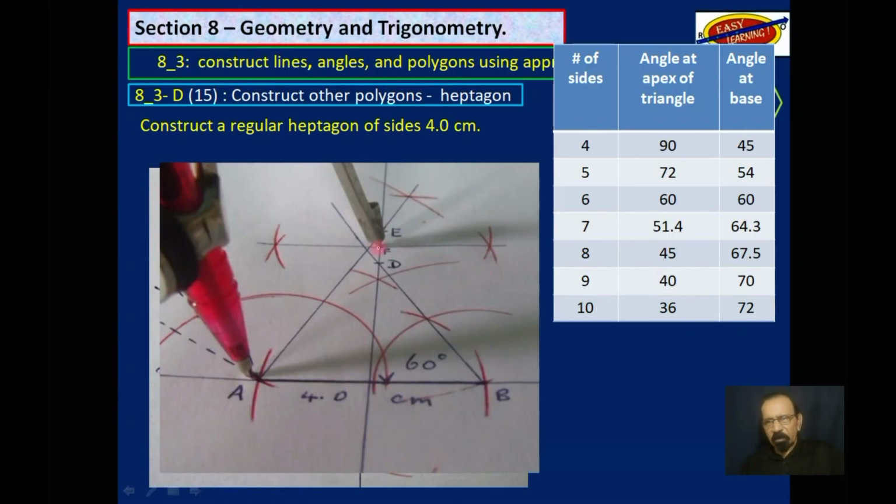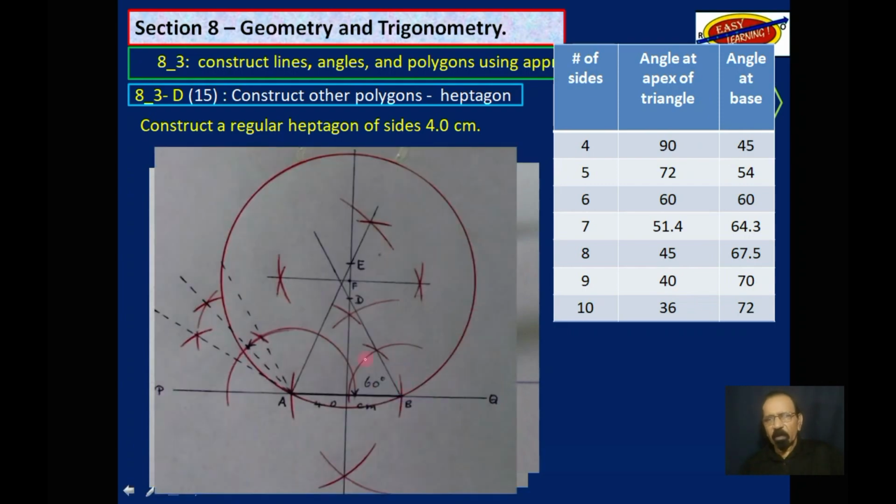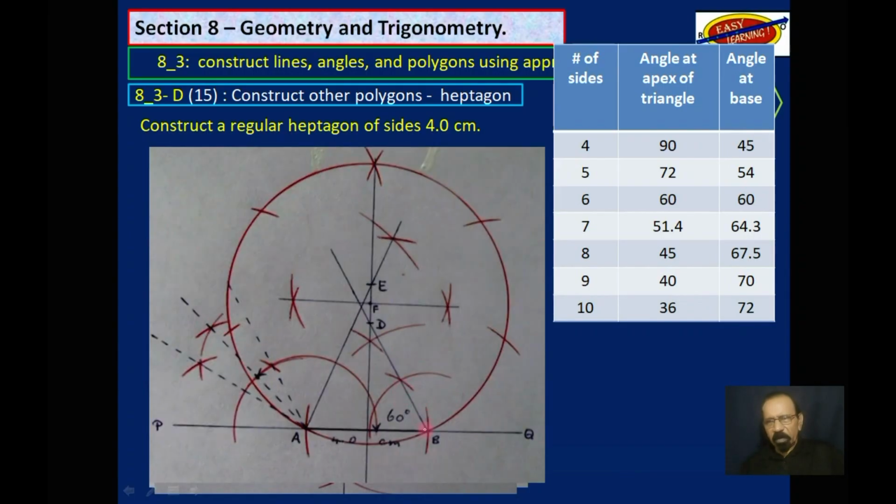So we place the compass at F, the metal point, extend it to A and make a circle. We get that. On that circle, we will mark off AB going that way. Since it is 7 sides, project this because you would have to end up at that point there. So you take AB and make some markings here and mark it off on that circle. So this is what you get.